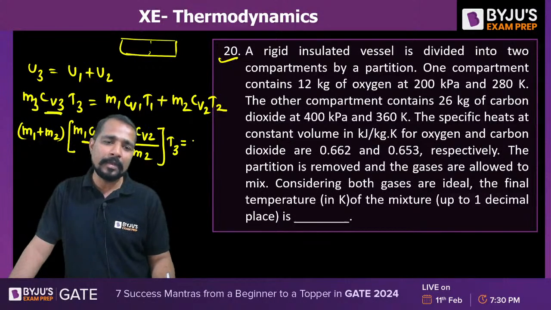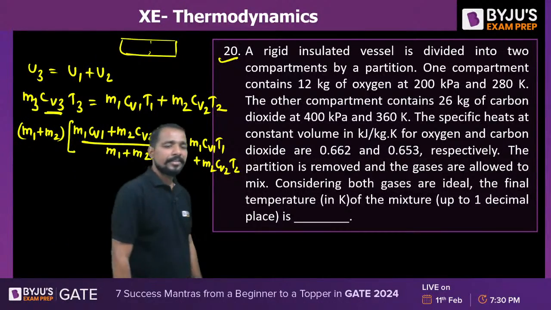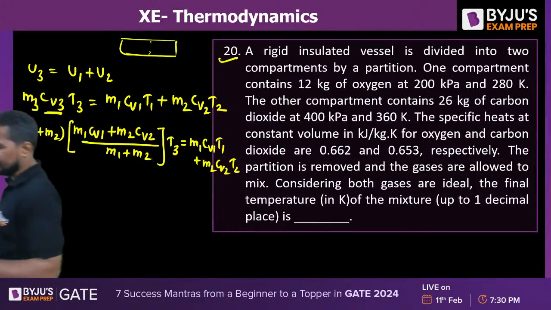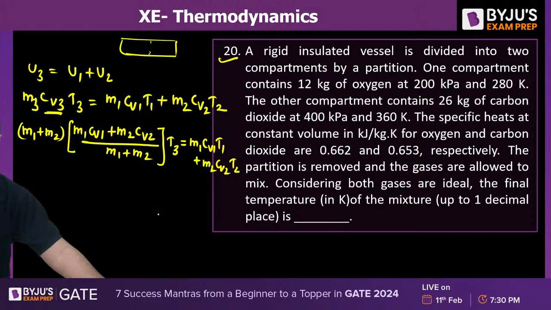T3 will be equal to M1 CV1 T1 plus M2 CV2 T2. Check it. Is everything okay or not? Are you getting this formula properly or not? Have we studied this formula somewhere or not, my dear?